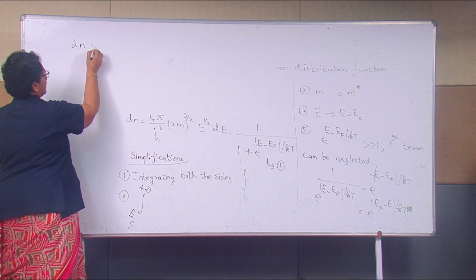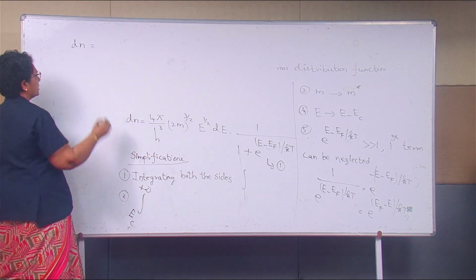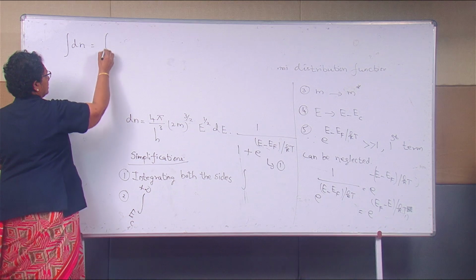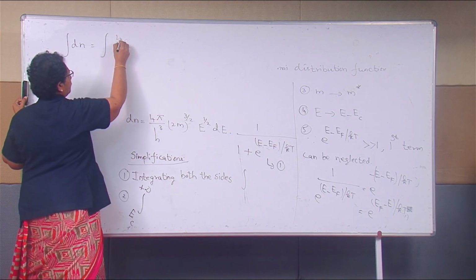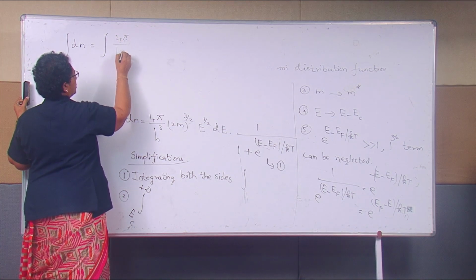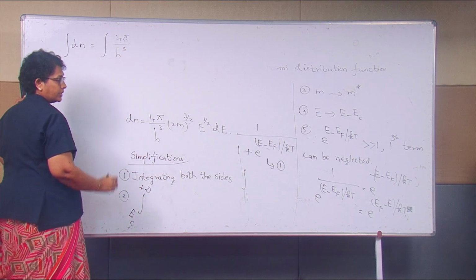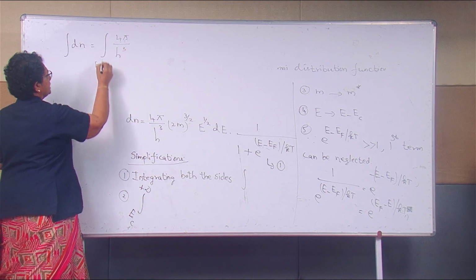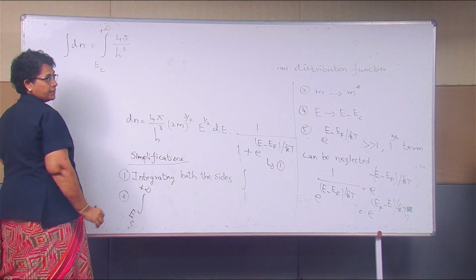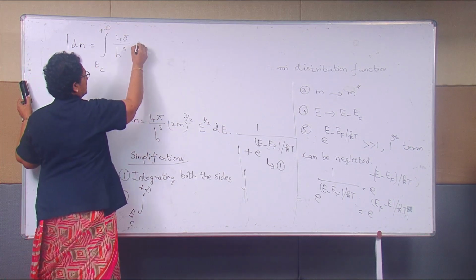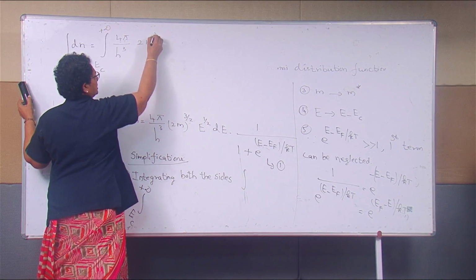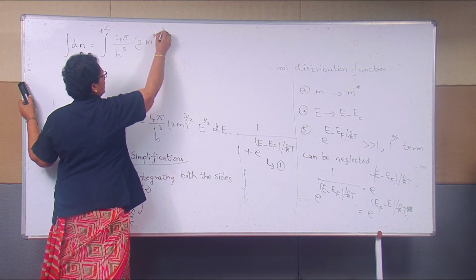So dn is equal to, now first integrating both sides. So take the integral. So integral 4 pi by h cube, and the integral limit is from EC to plus infinity. And the next, the ordinary m changes as m star.